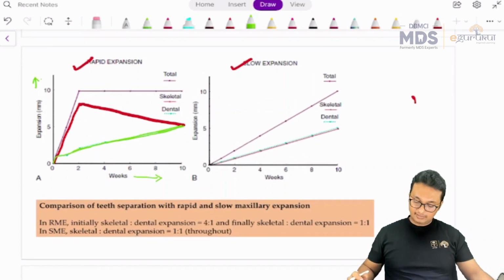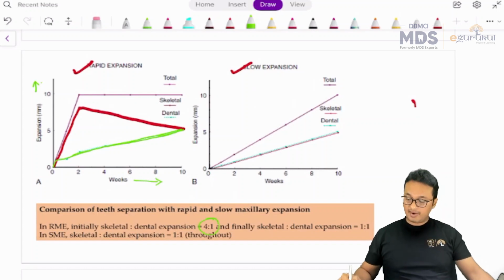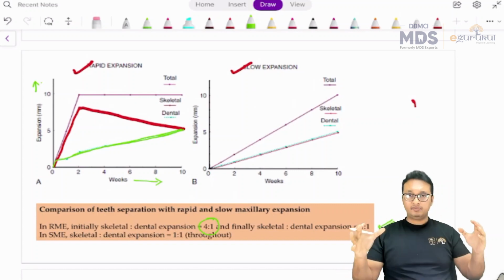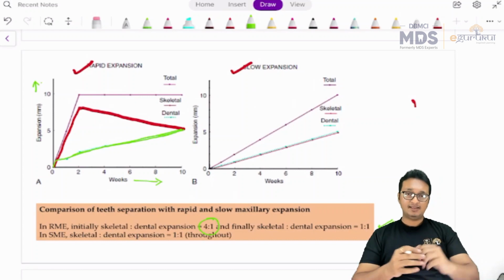Like in this case, in RME, initially the skeletal to dental expansion ratio is 4:1 and finally the expansion ratio is 1:1. Why does this happen? Because once the teeth are separated from each other, there is pull from the transseptal fibers and dentogingival fibers. That means there is a relapse.